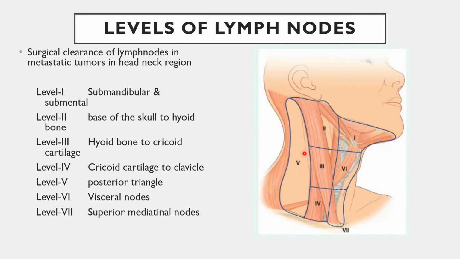Now, can someone tell me, if a surgeon has to remove the level 5 lymph nodes, what nerve can be affected? Have you learned about the triangles of the neck?